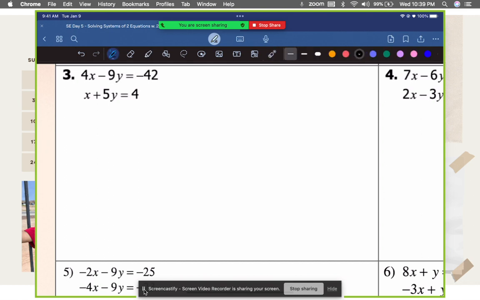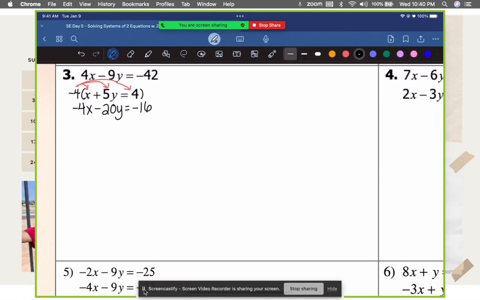I'm going to multiply this entire equation by negative 4. Okay, so I'm going to go ahead and do that. Distribute to everything. That includes the other side of the equal sign. I'm left with negative 4x minus 20y equals negative 16.